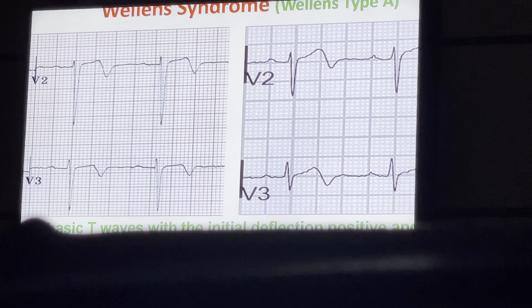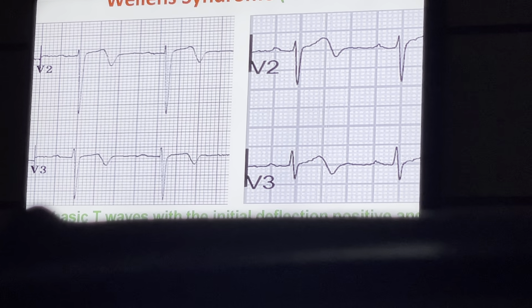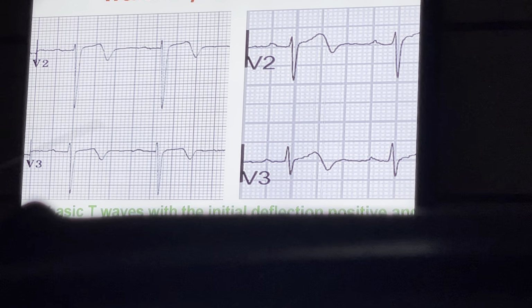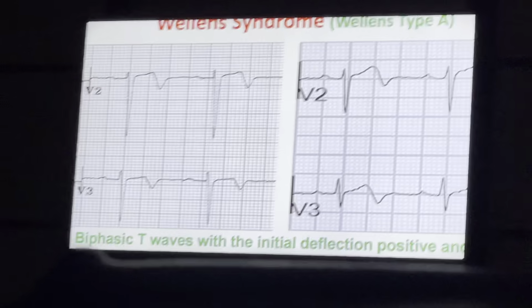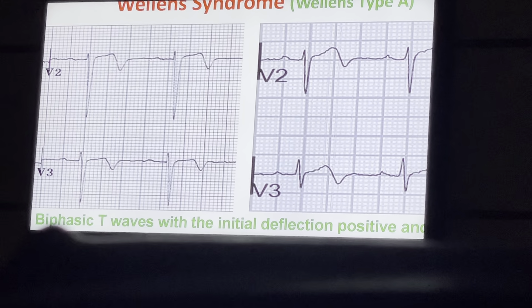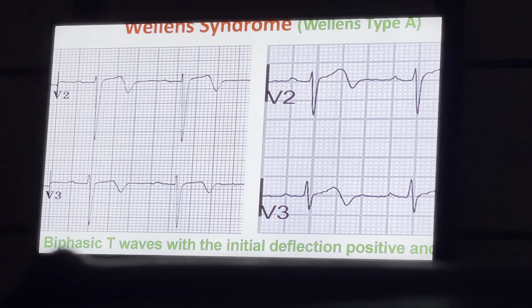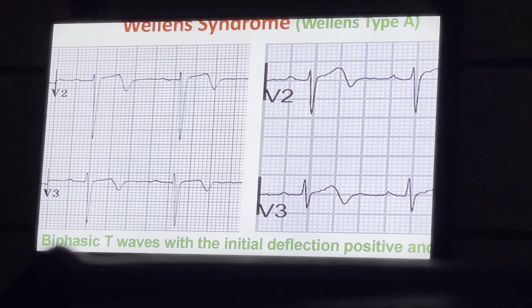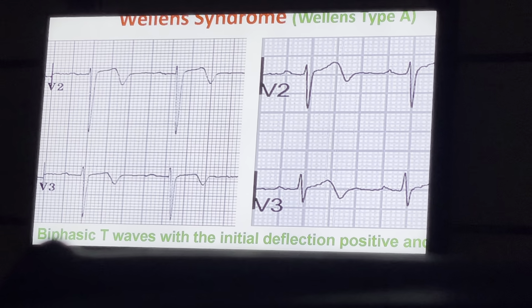What is the difference between this and the resolution process of MI? Because if a patient comes to you with this type of ECG, it means he is going to have MI in the next few days if you don't treat this patient. So whenever you see this, immediately try to revascularize. Immediately means not after 7 days, before 7 days.